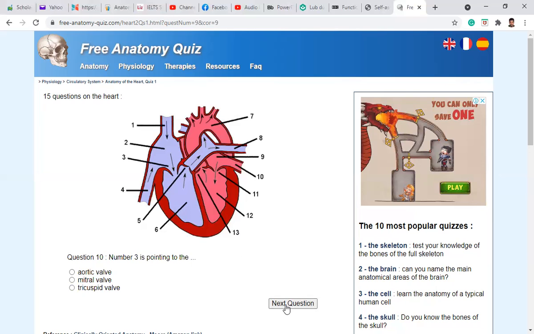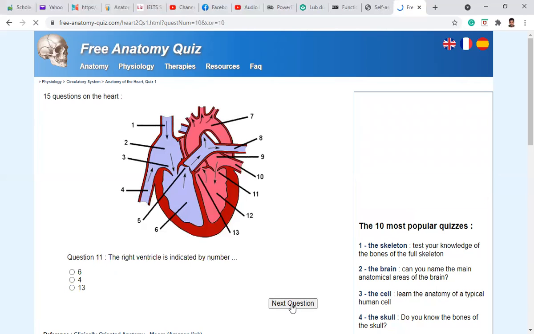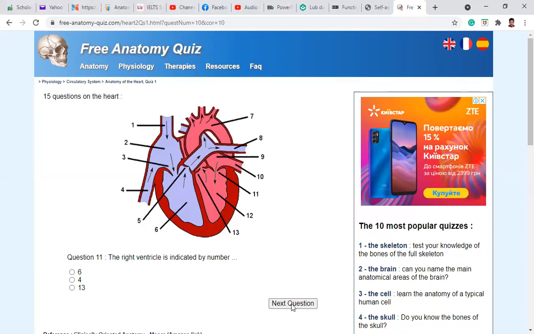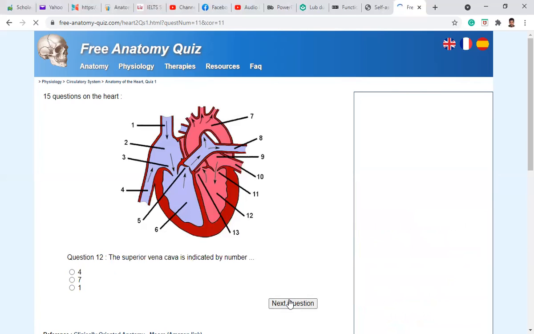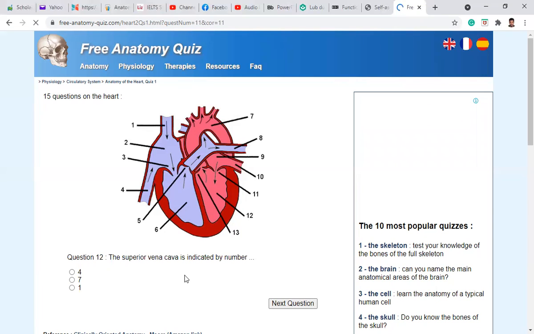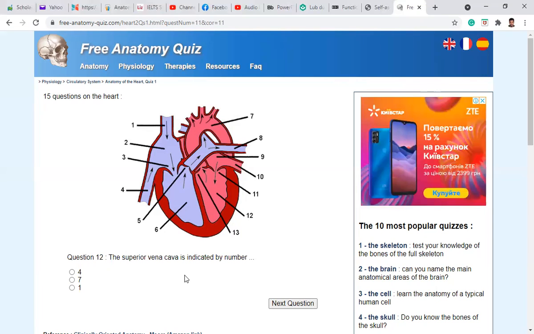Number 3 is pointing to tricuspid valve. The right ventricle is indicated by 6. The superior vena cava is indicated by 1.